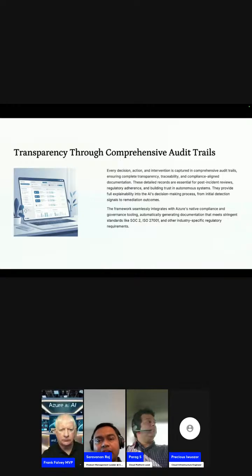Typically AI is considered a black box, but we need the GenAI system to explain what steps it took, and each step becomes an audit trail for later, during a post-incident review or postmortem or retrospective, whatever you call it, that becomes an input to further refine the AI models.